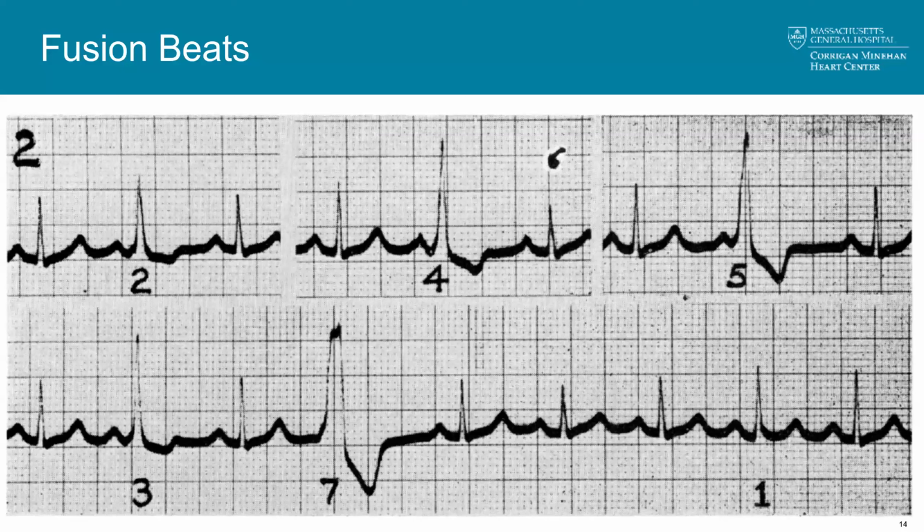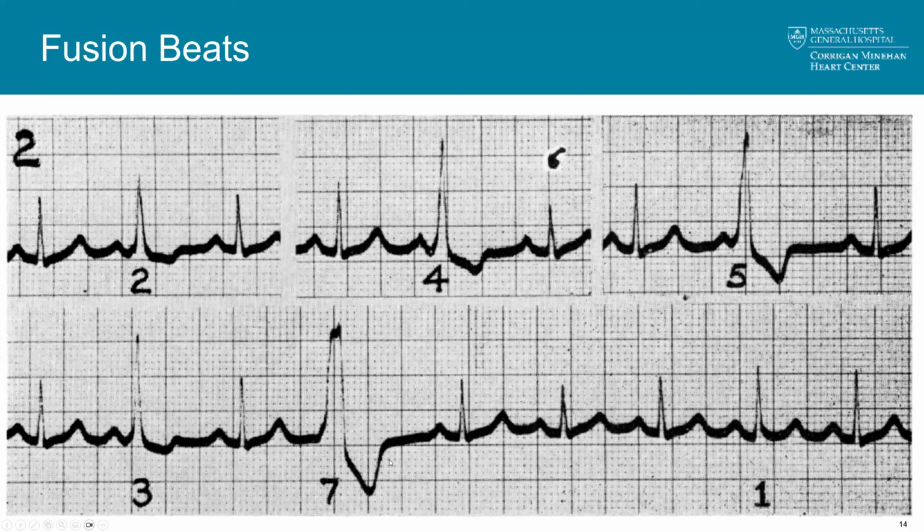So this is an old slide provided by my former fellowship director talking about different levels of fusion with ventricular beats. So this is a person with sinus rhythm in whom ventricular ectopy is happening. And you can see varying levels of collision between ventricular beats and supraventricular conduction. So starting with the number 7, here you see a very wide QRS complex with a bizarre ST segment and an inverted T wave.